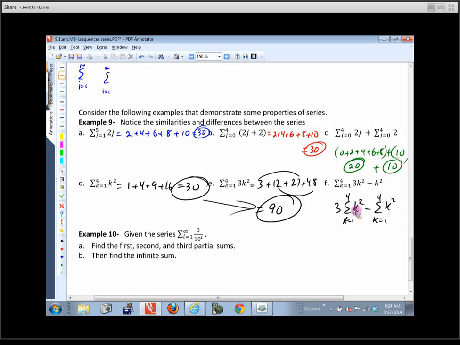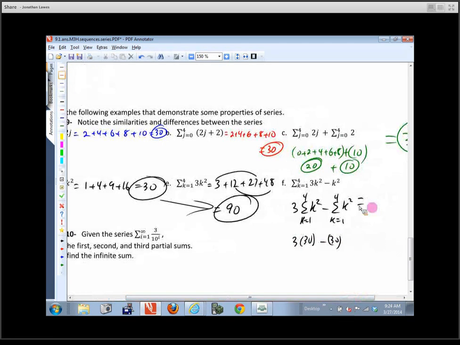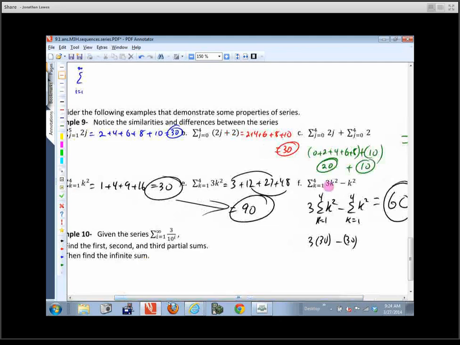So if you know what the two of these are, and don't we know what this one is? So this would be 3 times 30 minus 30. So what's the answer to this one going to be? The answer to this one's going to be 60. And we can take advantage of the fact that we already knew what those answers are. All we did was multiply it by 3 and subtract what that sum was. Okay? Any questions?